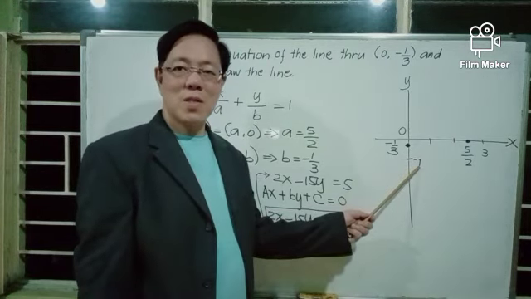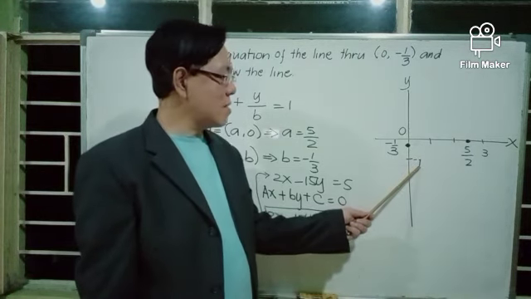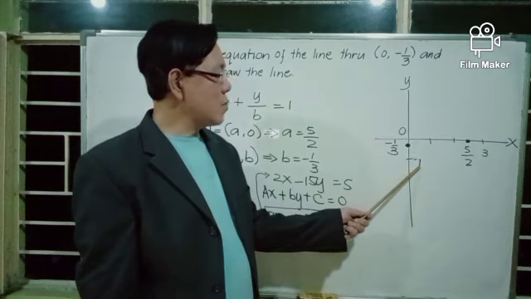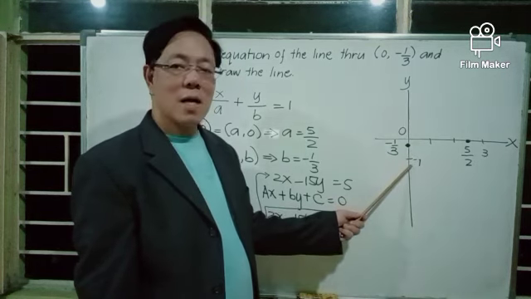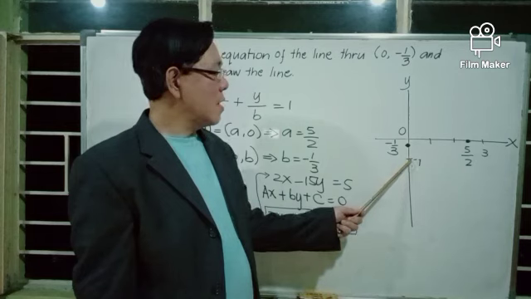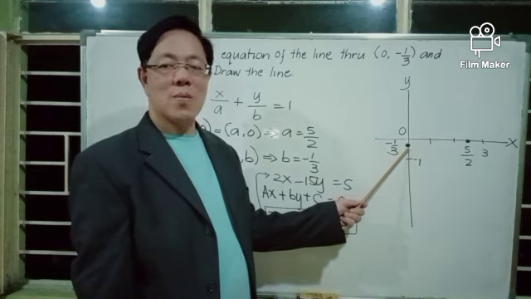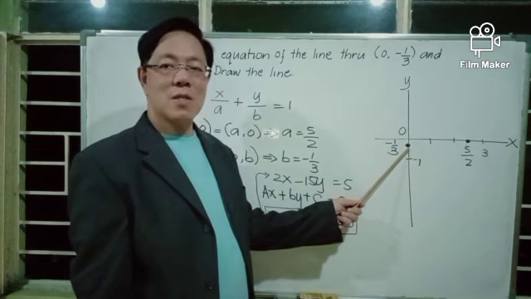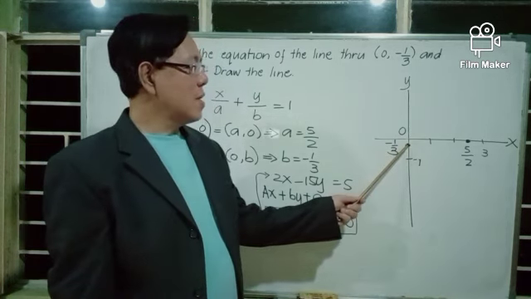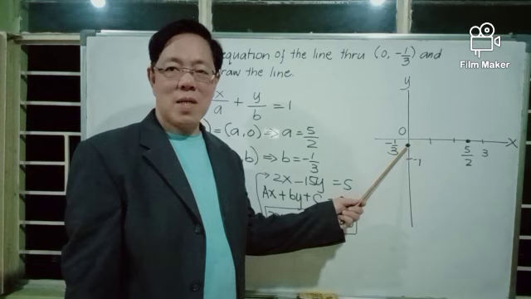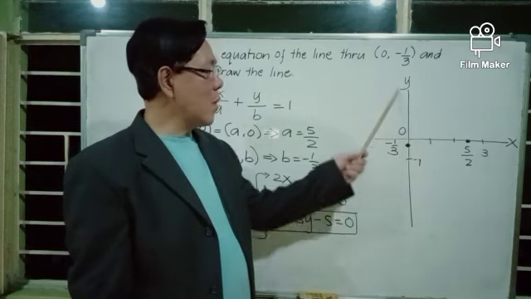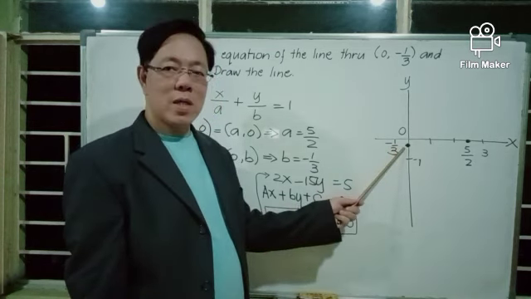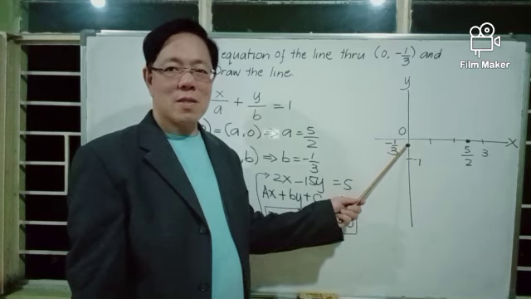I use a 1 unit interval in the vertical axis, so this is -1. That's 1 unit below the x-axis, and this is approximately -1/3. This point has coordinates (0, -1/3), and this is the y-intercept of the line. The line will pass through the y-axis at this point.